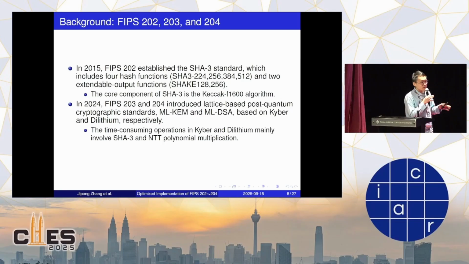And then FIPS 202, 203, and 204. The first established the SHA-3 standards. The core component of SHA-3 is the Keccak-f1600 algorithm. The last two, ML-KEM and ML-DSA, are based on Kyber and Dilithium respectively. The time-consuming operations in them are SHA-3 and NTT polynomial multiplication.